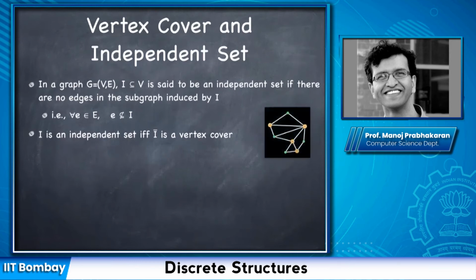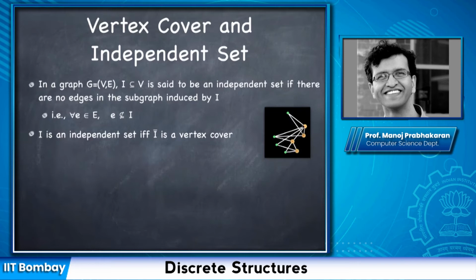So to illustrate that, here is a vertex cover from earlier. So the highlighted nodes here are from the vertex cover. I'm just going to draw this a little differently so that you can see all the vertex cover nodes on one side and its complement on the other side.